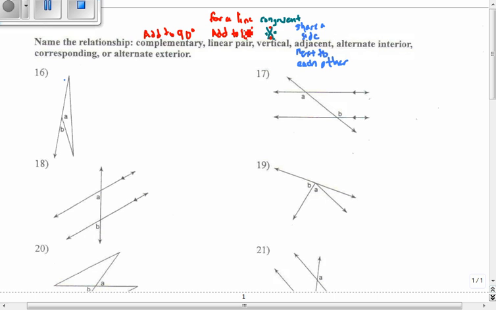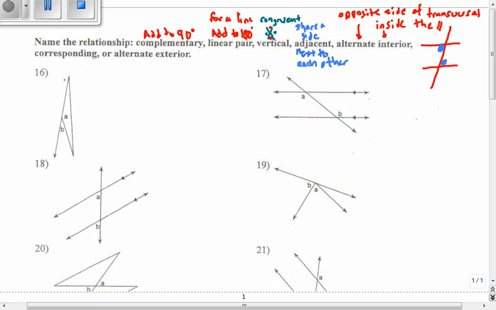All right, alternate interior. So we're talking about opposite sides. So alternate sides are opposite sides of the transversal, inside the parallel lines. So an example of alternate interior would be here.